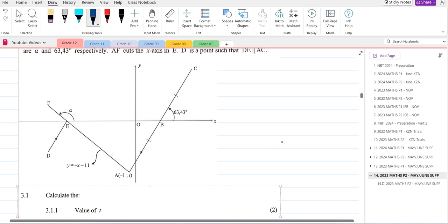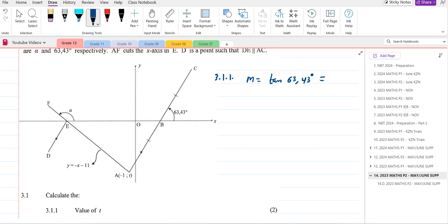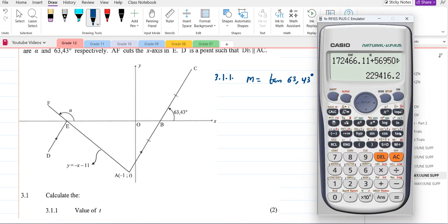Let's see. 3.1.1. Right, so the gradient of line AC is tan theta, which is tan 63,43 degrees, and let's put it on the calculator. Tan 63.43.